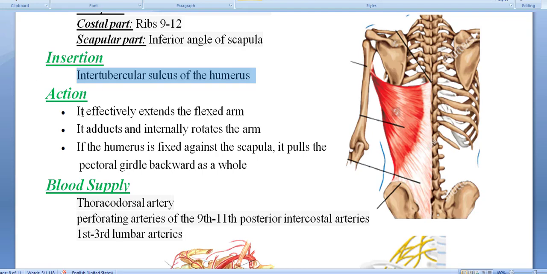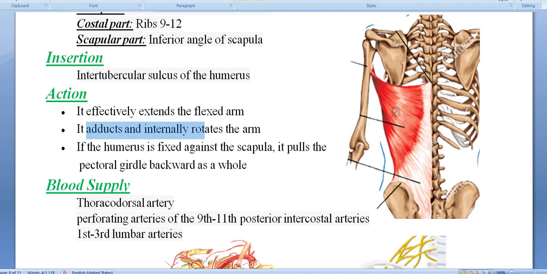What is the action of this muscle? It effectively extends the flexed arm. It adducts and internally rotates the arm. Now look carefully: extension, adduction, rotation.